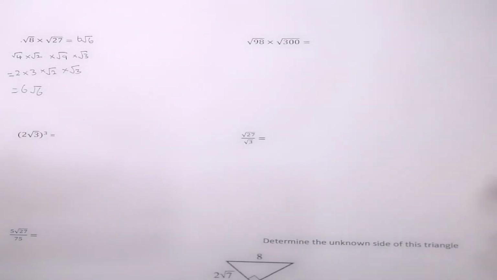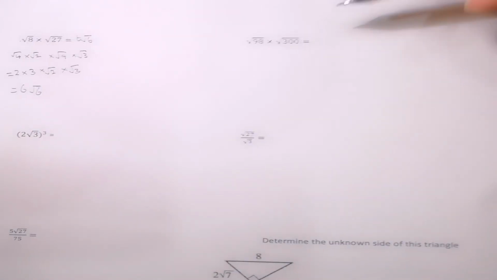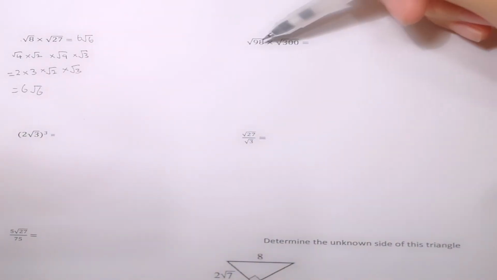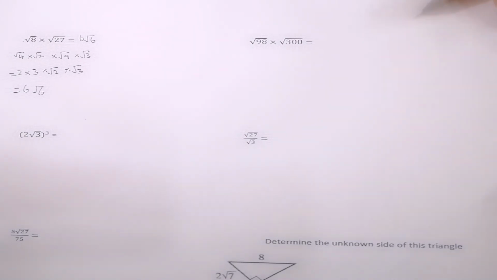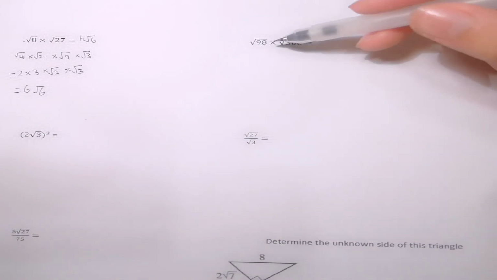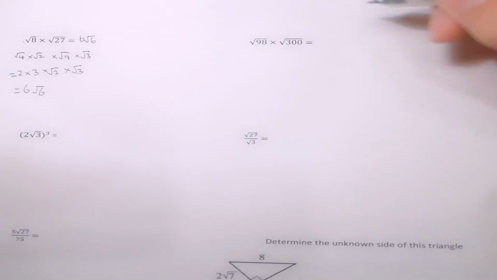On the next question, it's the same as before, but the first option of multiplying 98 by 300 first will be extremely inconvenient and take a long time because it'll be hard to factorize much larger numbers. Therefore, we should just simplify or factorize these two terms first and then multiply.